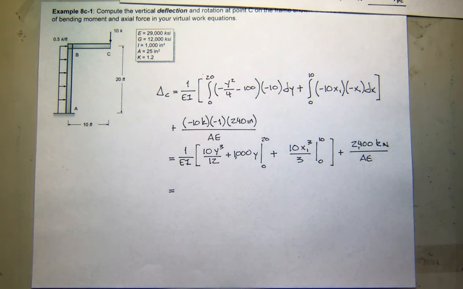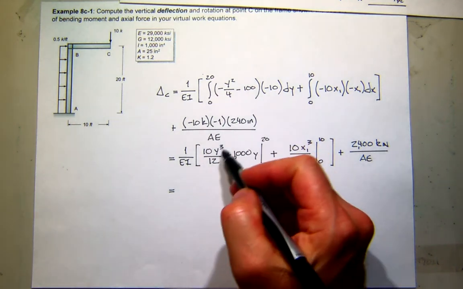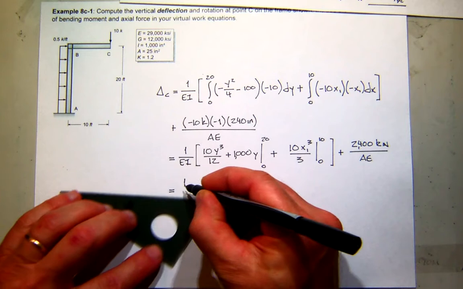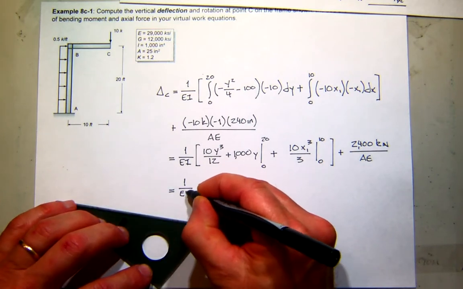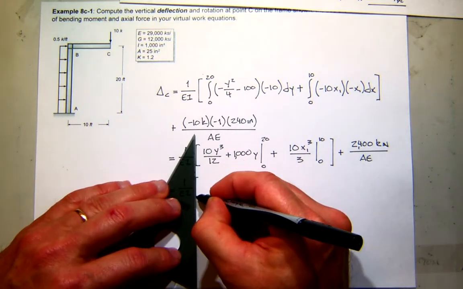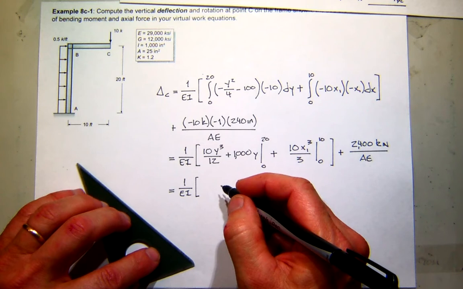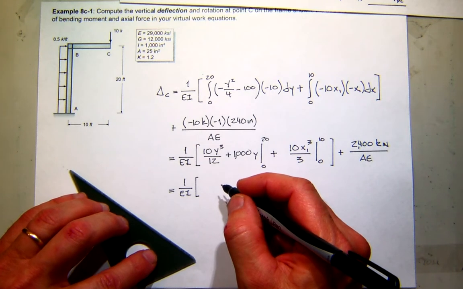Oh, someone's doing it. So the first one I got 26,666.666. Anybody else get that? That is also what I got. I need a trifecta. Yes, I also got that. 26,666.7?